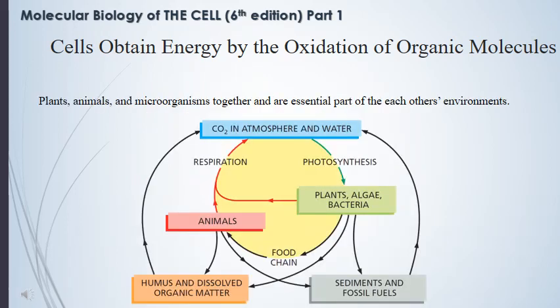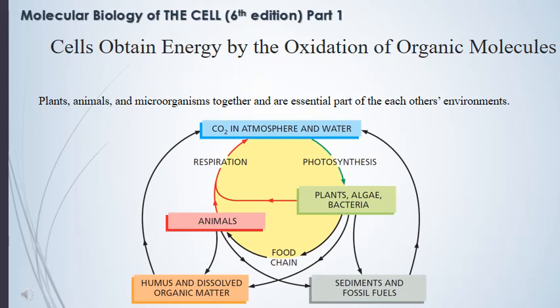So basically all living things, plants, animals, microorganisms, are a part of each other's environment, so they rely on each other. For example, plants photosynthesize. They take the carbon dioxide from the environment and produce sugars.